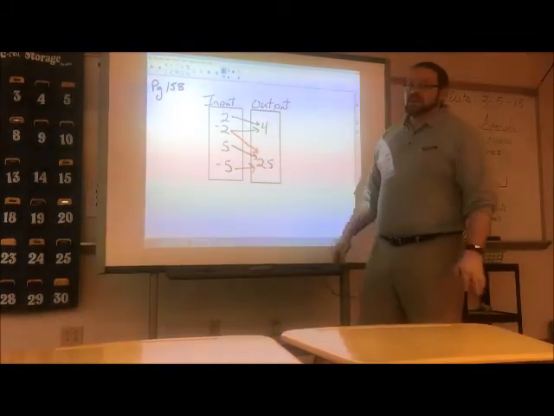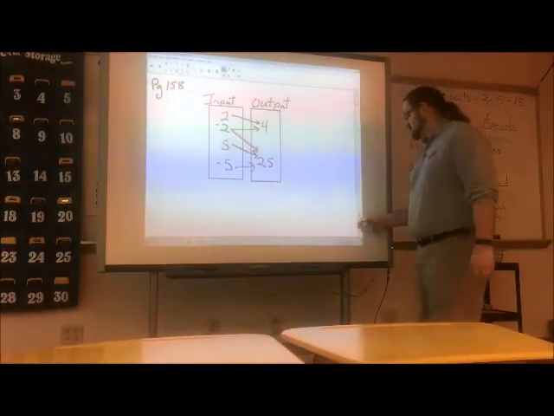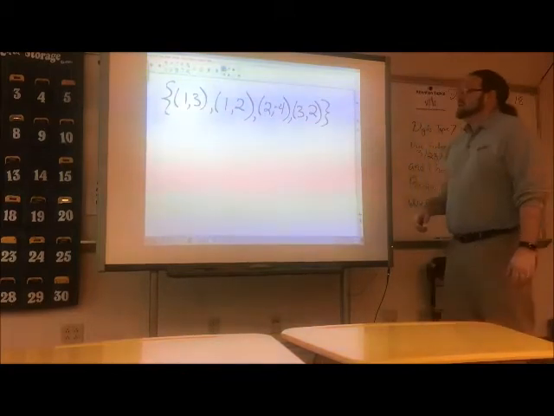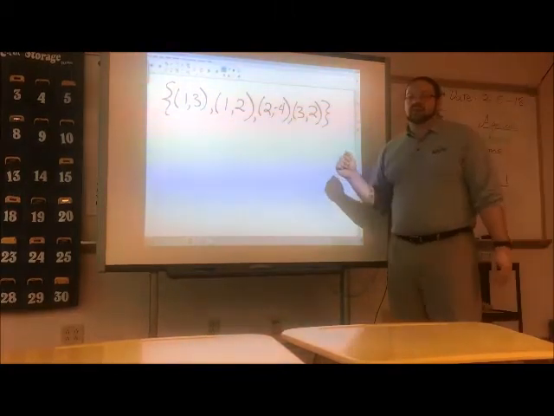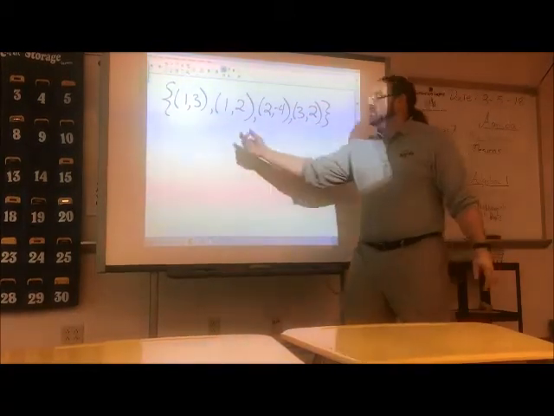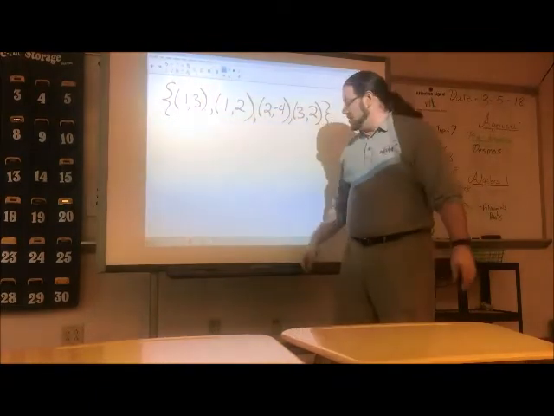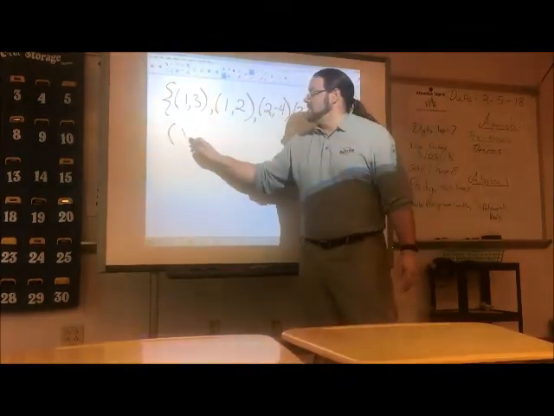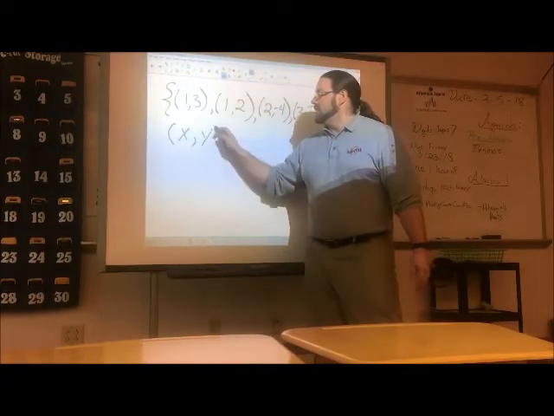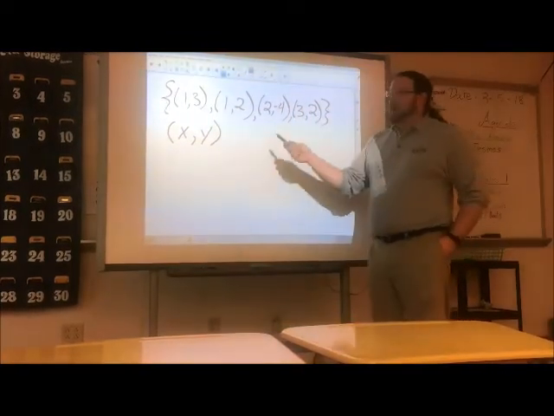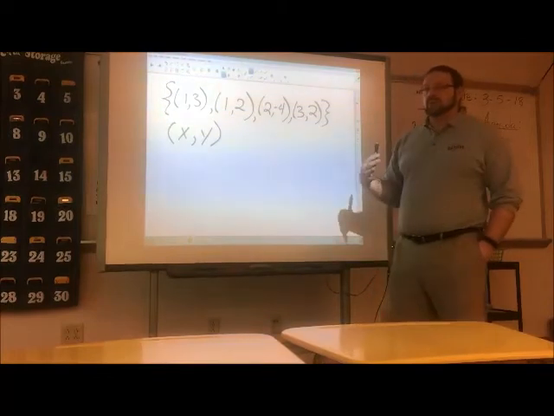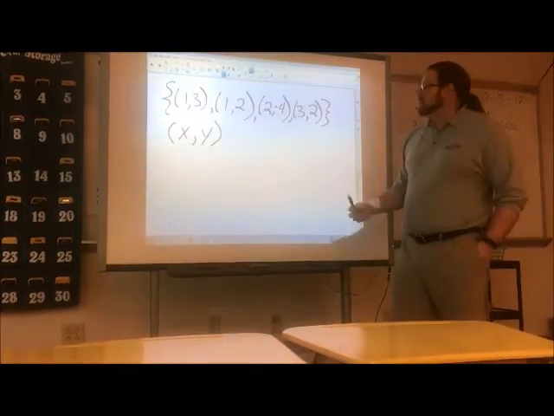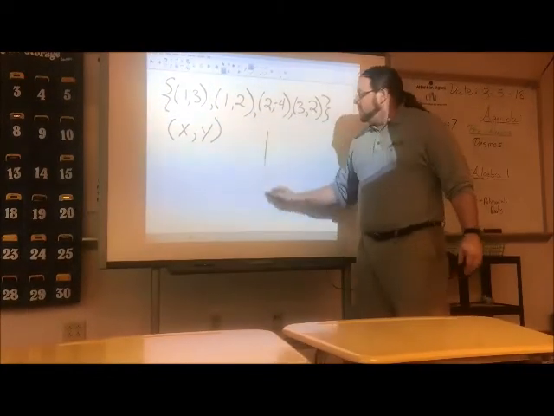Let's look at some more examples. What we have here is a set of numbers, and I know you guys have seen these before. These are ordered pairs. You guys know that ordered pairs are nothing more than just x and y. So how would I want to organize this to make it a little bit easier? I could draw a table.